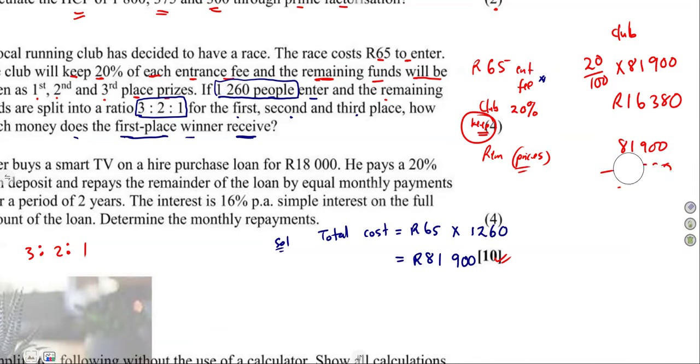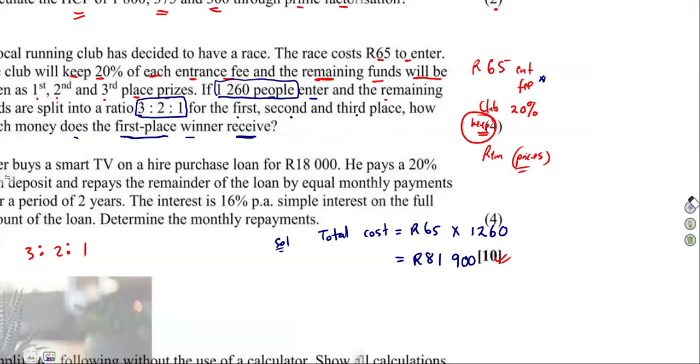Or you can simply say, since the club is going to keep 20%, what is remaining from 100%? If we take 20% from the total percentage, you remain with 80%. So the remaining, which is for the prizes, was 80% from 100%.